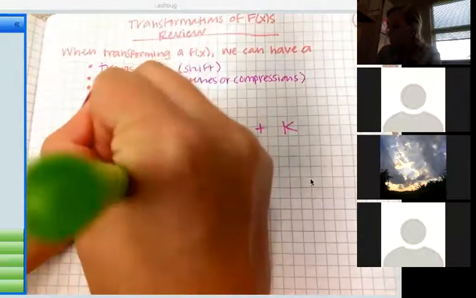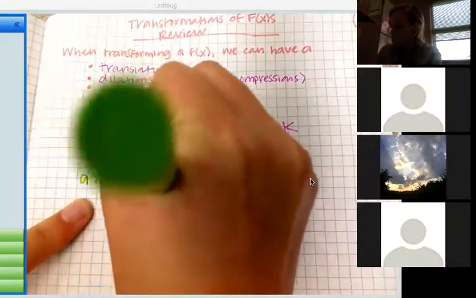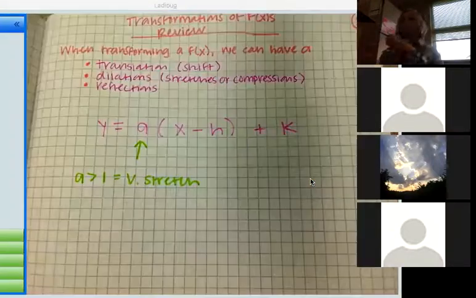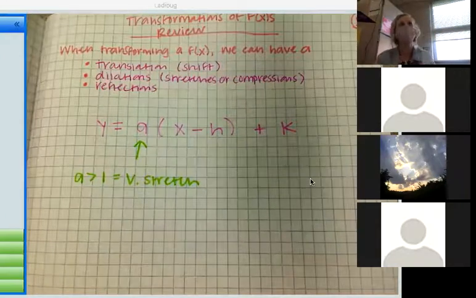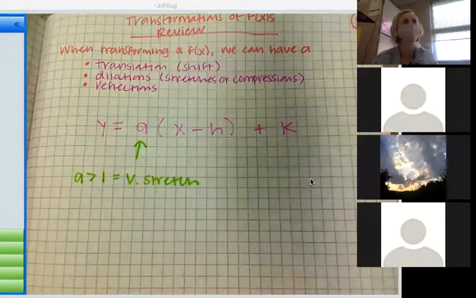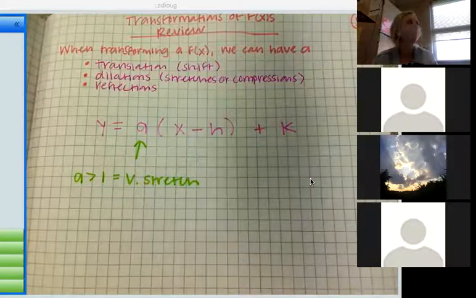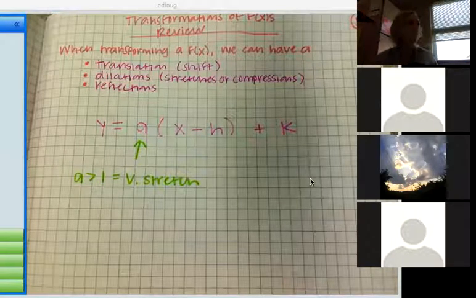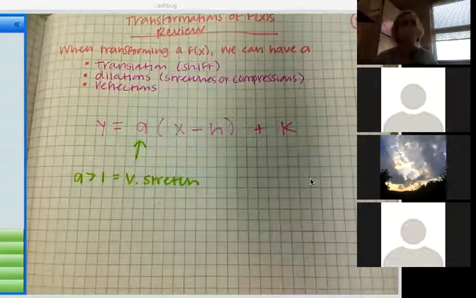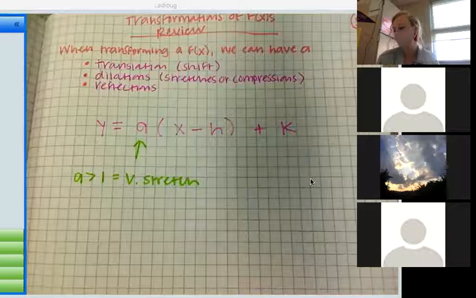Stretch. And you guys need to say vertical stretch. Why do you think I'm making you say vertical stretch? Because tomorrow we're also going to learn about horizontal stretches and compressions. And yes, they can happen at the same time. We'll talk about that tomorrow, okay?